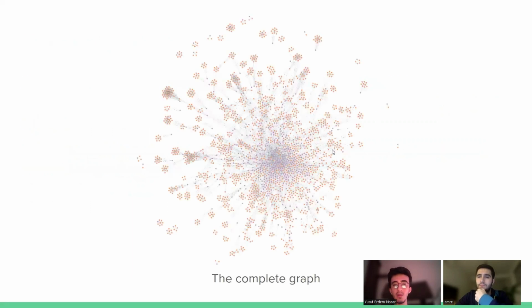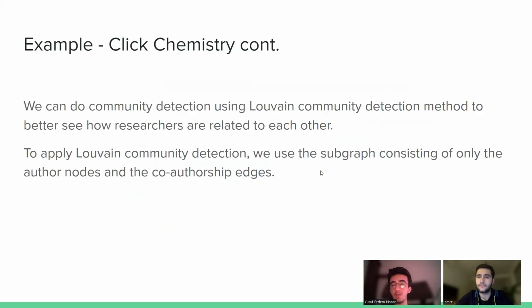And this is the whole graph consisting of author and article nodes and relationships between them. And what we can do, for example, is we can run the Louvain community detection algorithm on this graph. But in order to do so, we need to use this subgraph consisting of only the authors and the co-authorship edges between them.